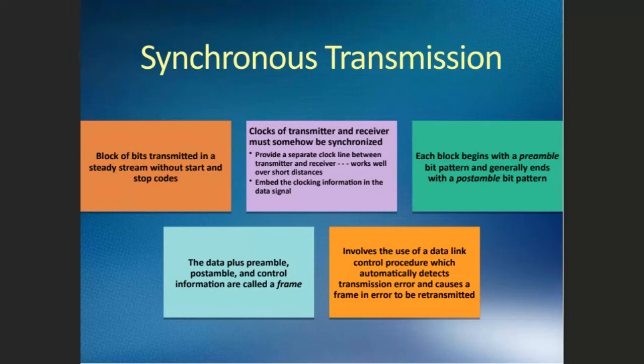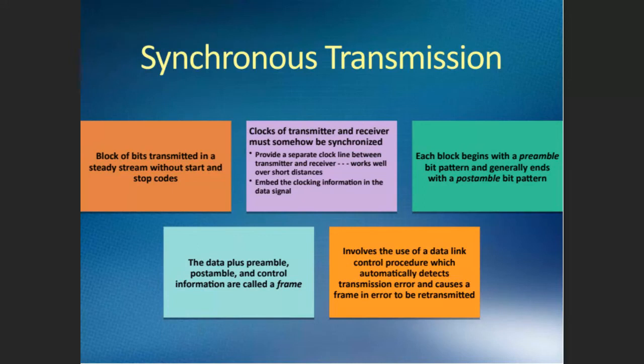The clocks of transmitter and receiver should be synchronized, their speeds or clocks. It provides a separate clock line between transmitter and receiver, and works well over short distances. Or embed the clocking information in the data signal to keep synchronized.